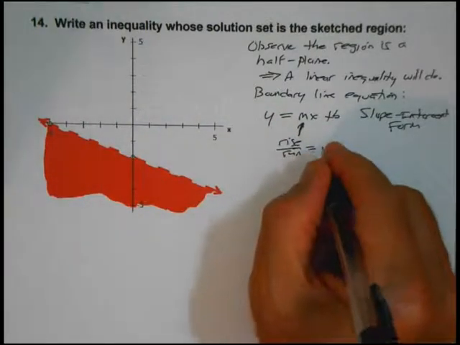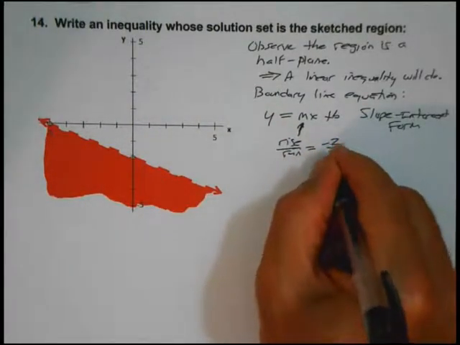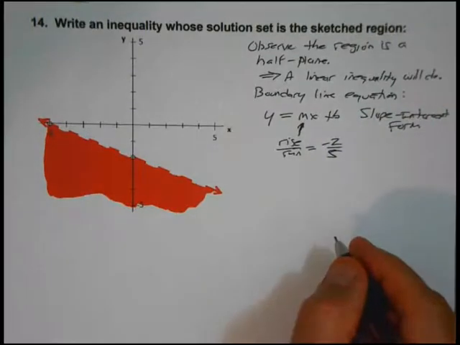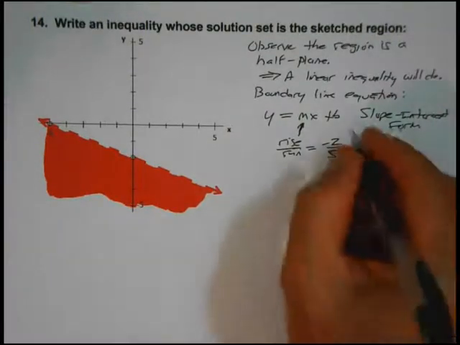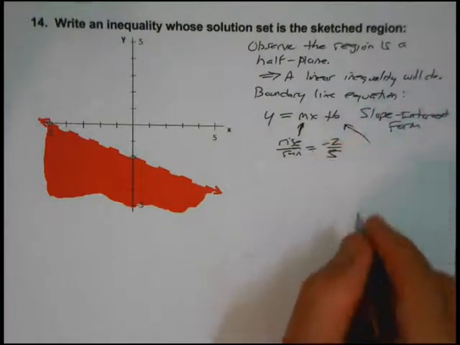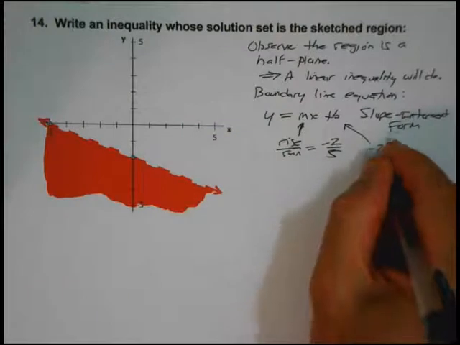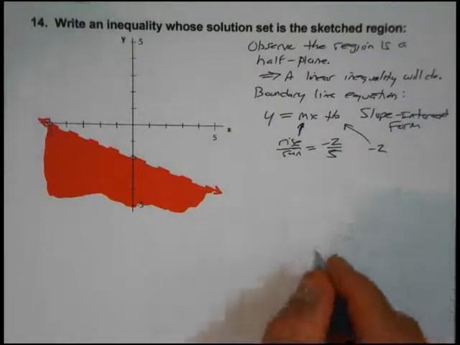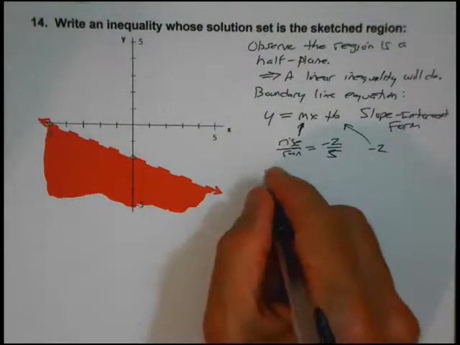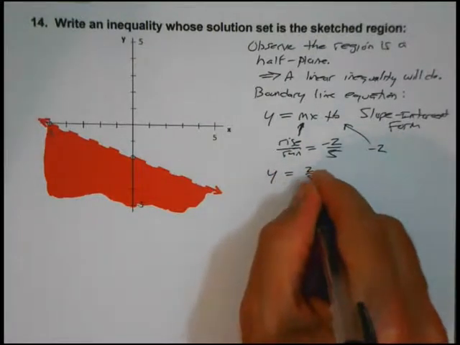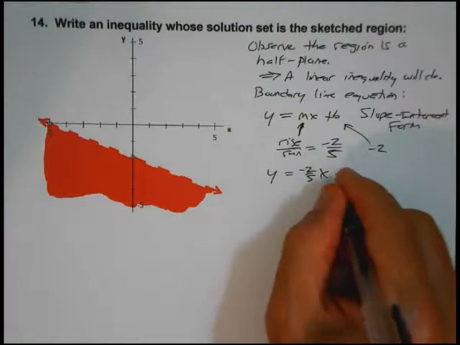So rise over run is -2 over 5 in this case. That would give us our m. And b, that's the y-intercept. It's a -2 in this case. Okay, we're ready to put together the boundary line equation then. y equals -2/5 x minus 2.